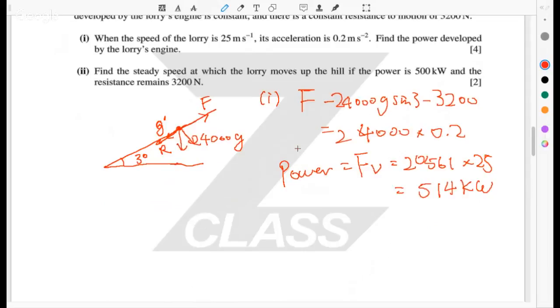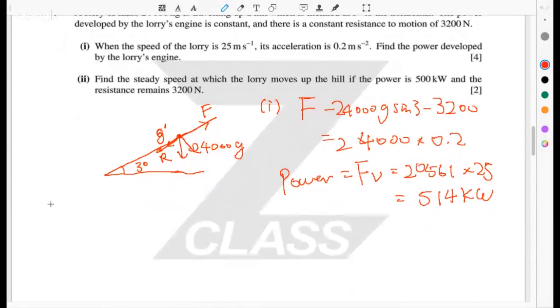So after finding the power of the lorry, we are now to find the steady speed at which the lorry moves up the hill. If the power is 500 kilowatts and the resistance remains 3,200 Newton, well, we should use Newton's second law again.